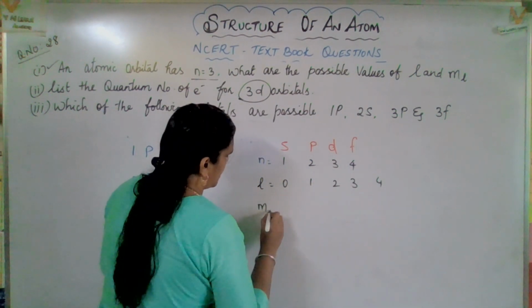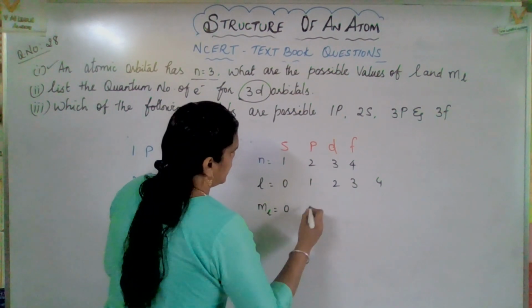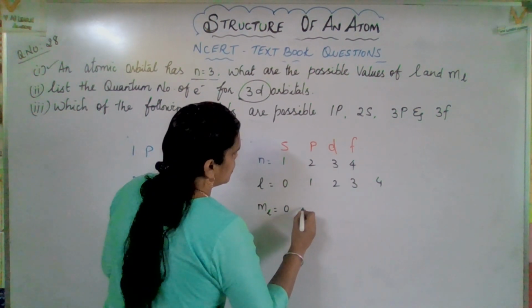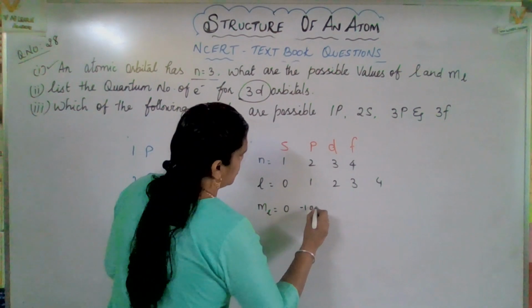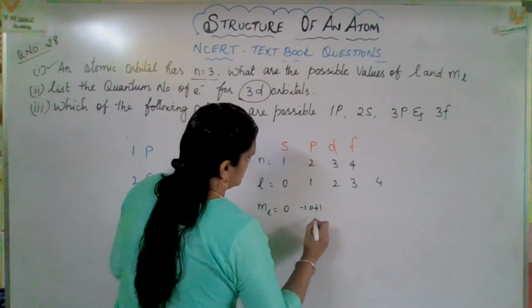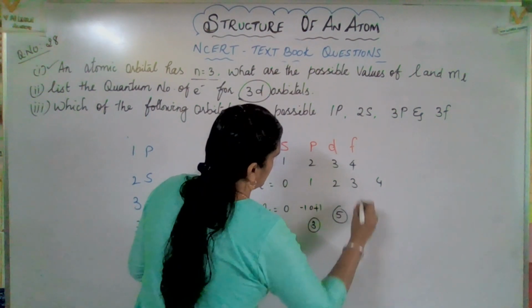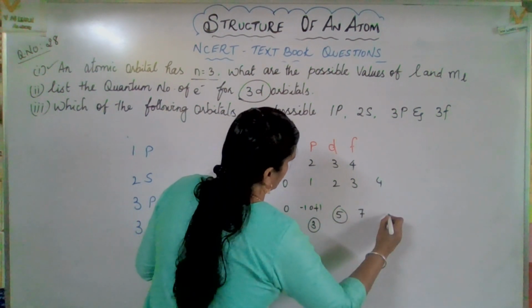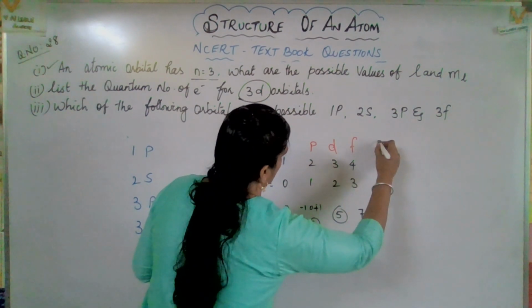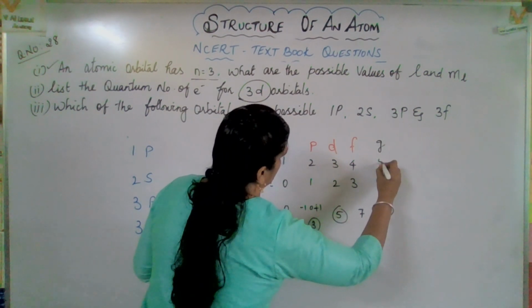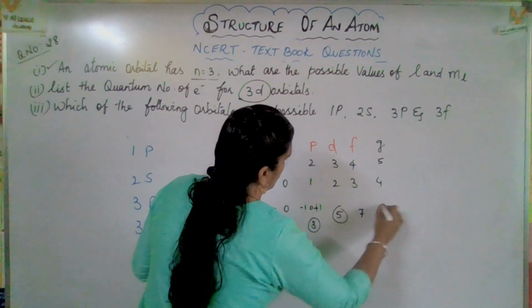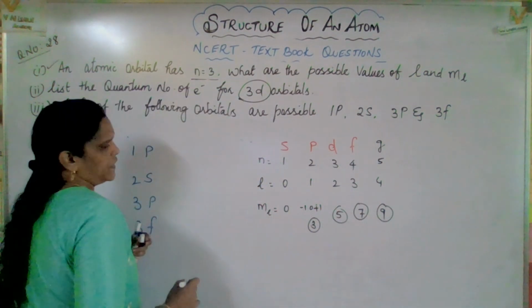And L equal to 0 gives m equal to minus 1, 0, plus 1. That means here 3, here 5, here 7, and if it is G, here 9. All odd numbers you will get.